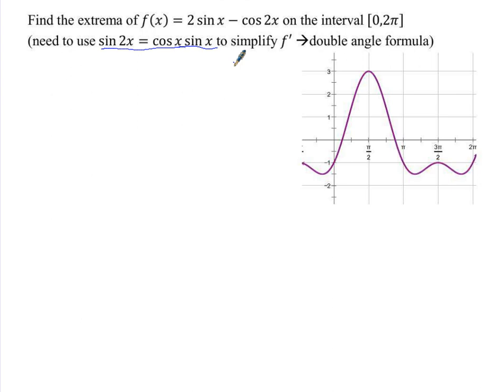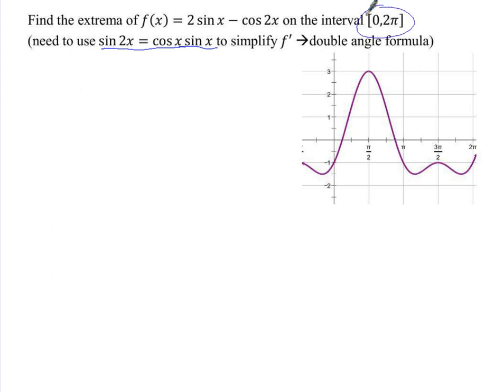Okay, so before we do this problem, let's talk about what we're going to do. Where do we start? Well, we're finding the extrema, so we're looking for the critical numbers. To find the critical numbers, we have to stay within the interval. That's actually a really good point. We haven't had this issue yet because the functions that I've been giving you before didn't have any extreme values outside of the interval.